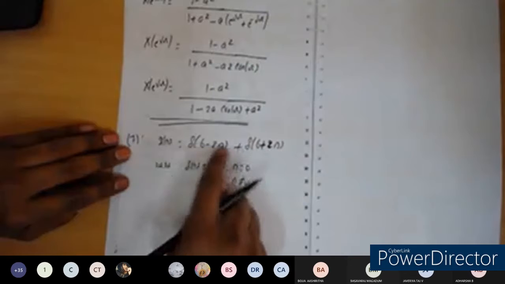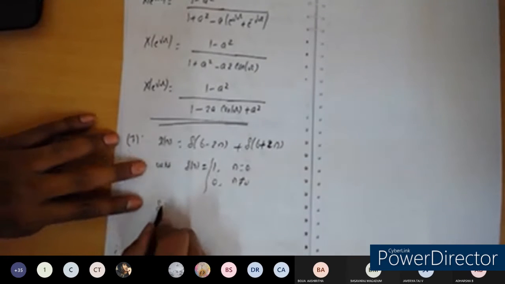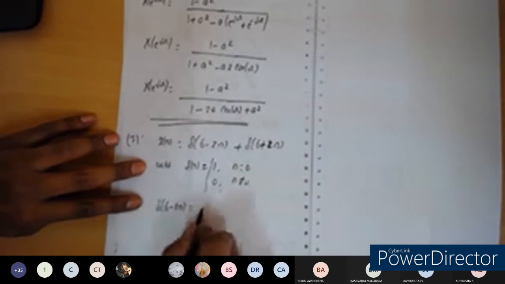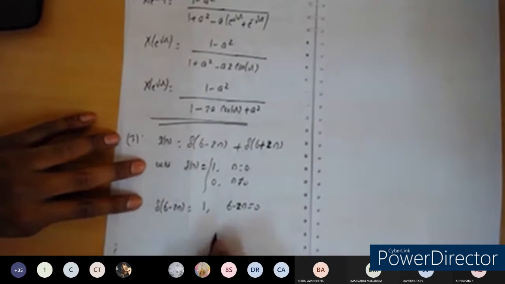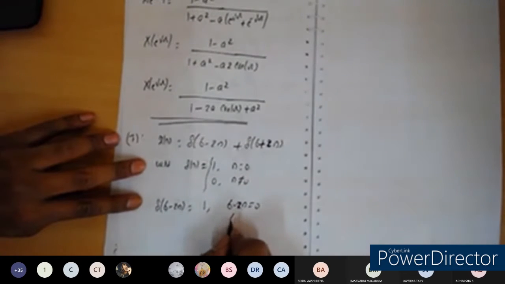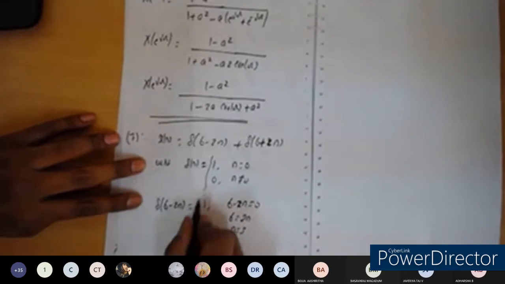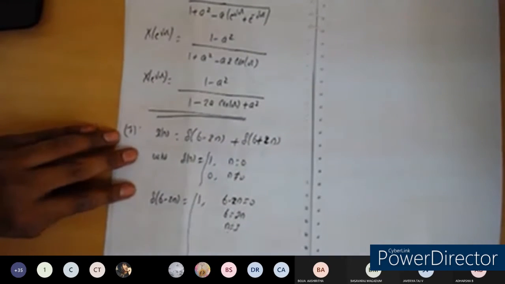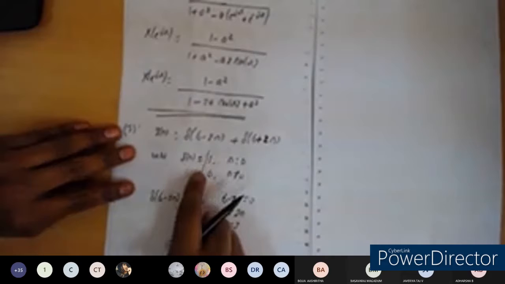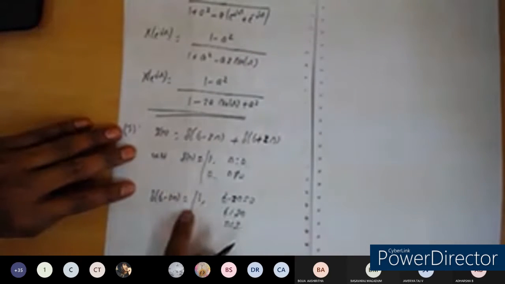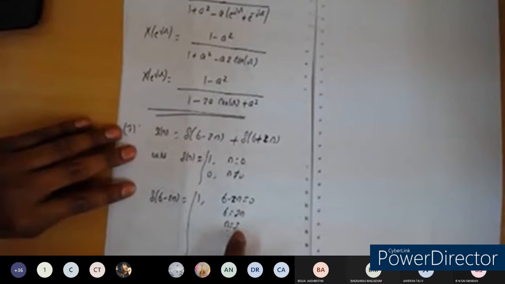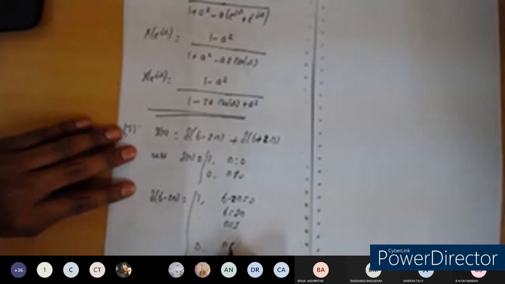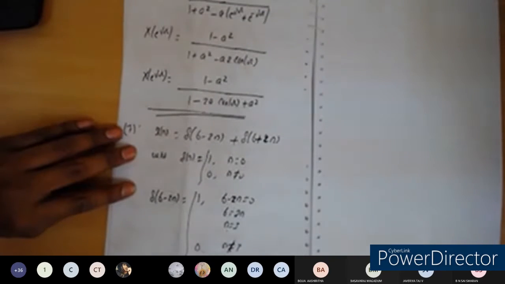So delta of 6 minus 2n is equal to 1 when 6 minus 2n is equal to 0, that is 6 is equal to 2n, or n is equal to 3, and 0 for n not equal to 3.